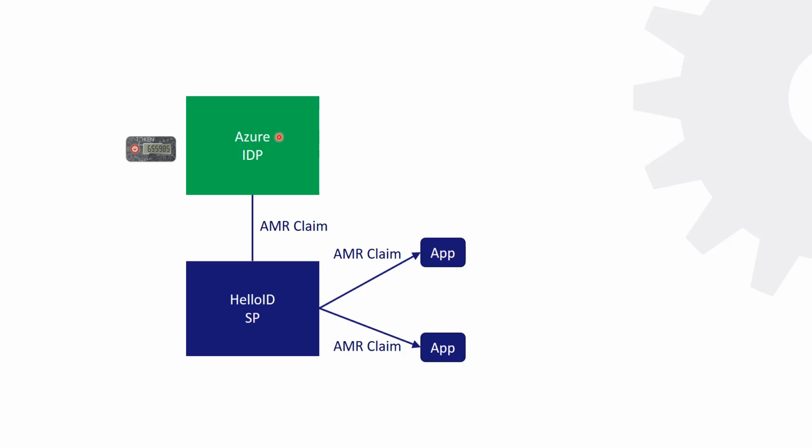And this is a very common setup. That is, Azure is the IDP, HelloID is the SP, and now you're able to pass this AMR claim information all the way to an end application. And I will not demo you this new functionality, but now you know what kind of functionality is available.